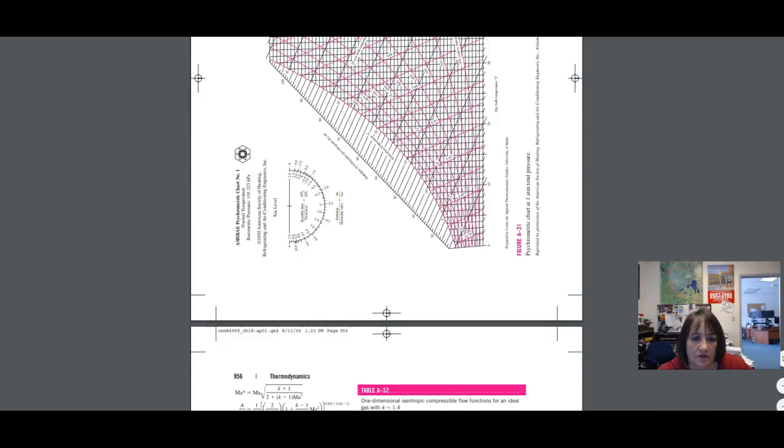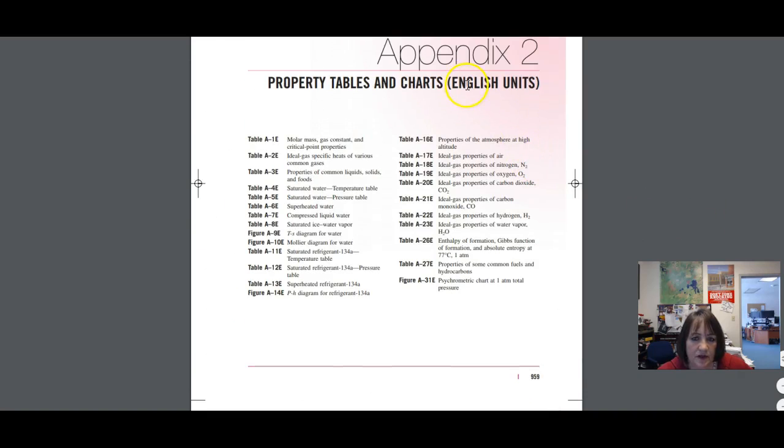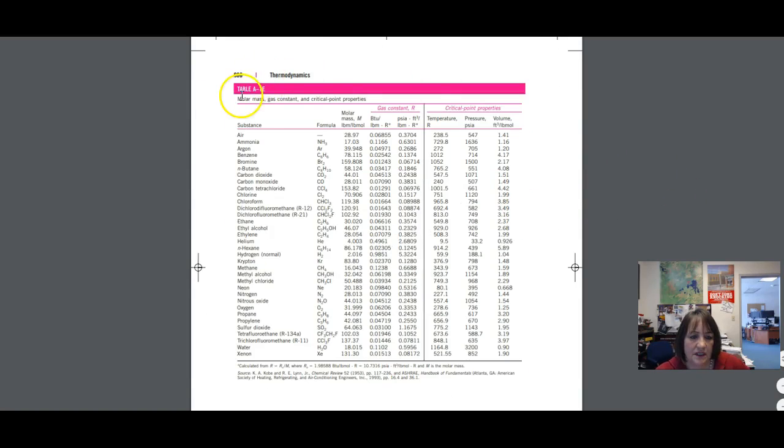So if we start here at Appendix 2, you'll see that Appendix 2 gives us the values in English units. And the first table, A1E, which in your textbook is a little bit different, but it's page 960 on this PDF file.